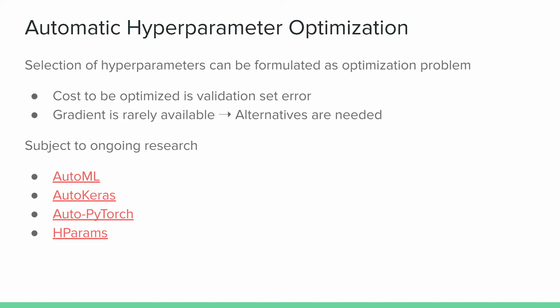And one big issue that we have with automatic hyperparameter optimization is that it's extremely expensive to run, because you will have to run one complete training per update step. If you think about it, you take one set of hyperparameters, you run a complete training, you obtain one piece of information, your validation set error, and then you can run the next thing.